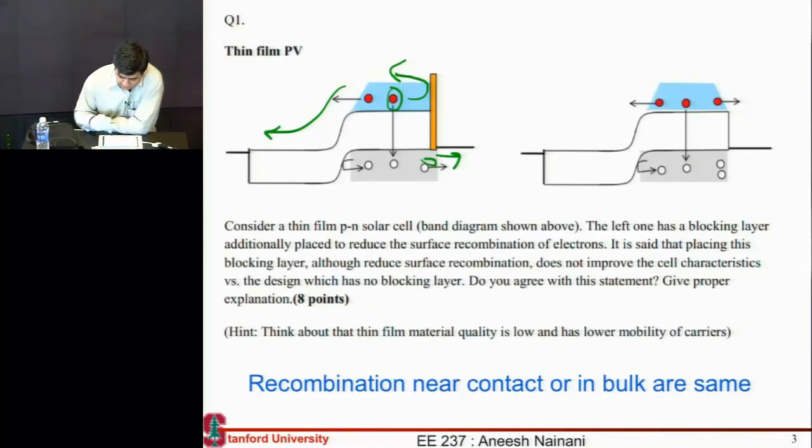This is a thin film material, and the statement that has been made is that placing these blocking layers for these thin film solar cells does not improve the efficiency, whether you have the blocking layer or you don't have the blocking layer. So is this correct?